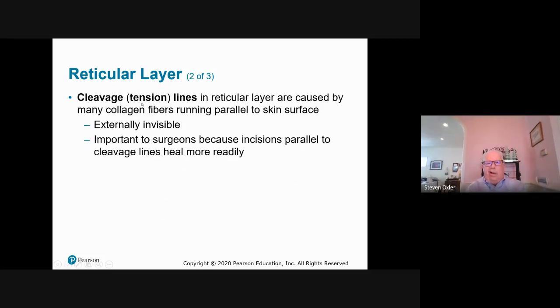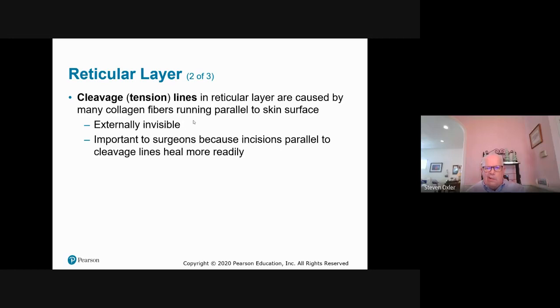in the reticular area, caused by collagen fibers that run parallel to the skin surfaces. It's not important to you, but it's important to someone who operates on people, basically surgeons, because we don't want to leave scars.